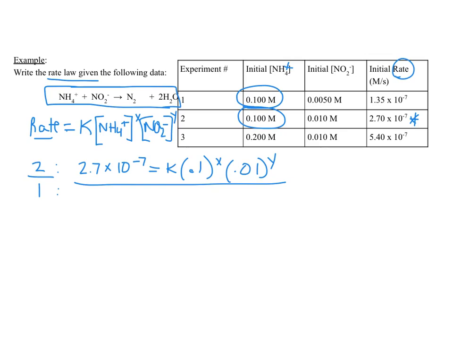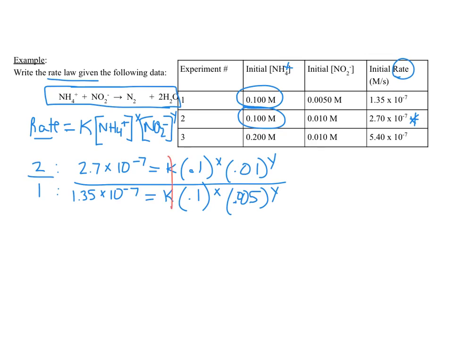Now I'm going to do the exact same thing with everything from experiment number 1. So experiment number 1 has 1.35 times 10 to the negative 7 equals K times, and then my concentration for NH4 plus is 0.1 to the X, and then I have 0.005 to the Y. So now I'm going to look for things that cancel.